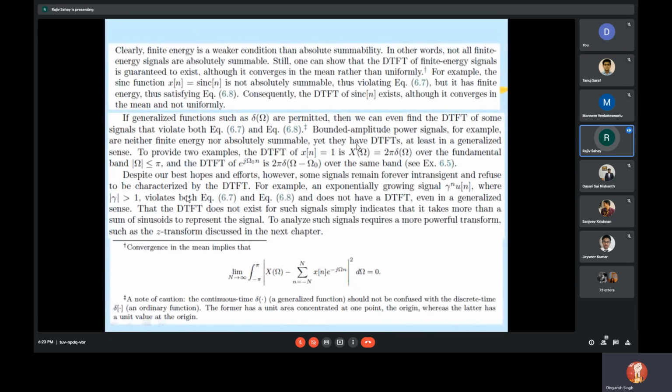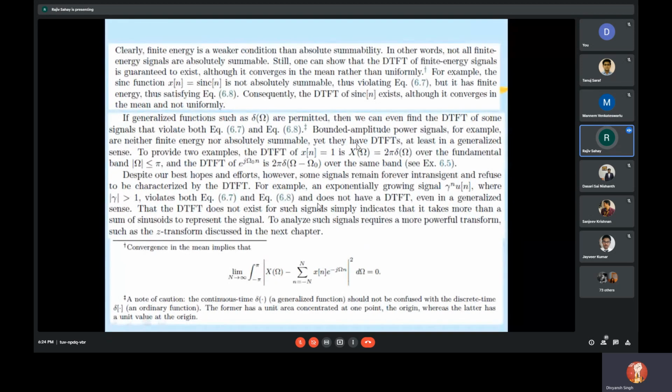That is, the modulus of the exponential is greater than 1. So it will violate both absolute summability as well as finite energy. That means it has infinite energy and it is not absolutely summable. So it does not have a DTFT even in a generalized sense. Even using generalized functions like Dirac delta of omega, you cannot produce a DTFT. So the DTFT does not exist for such signals.